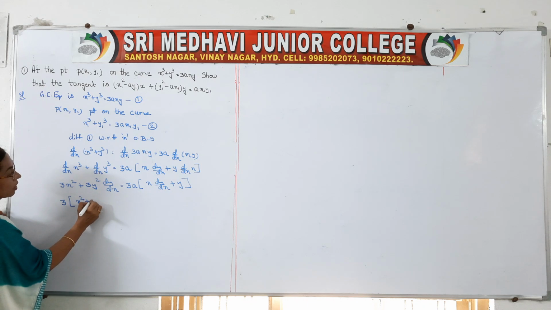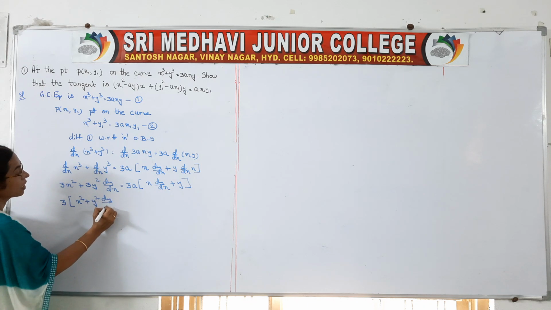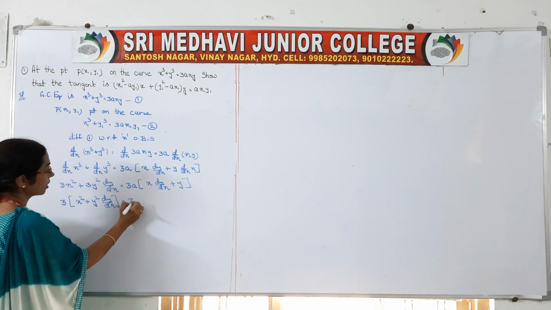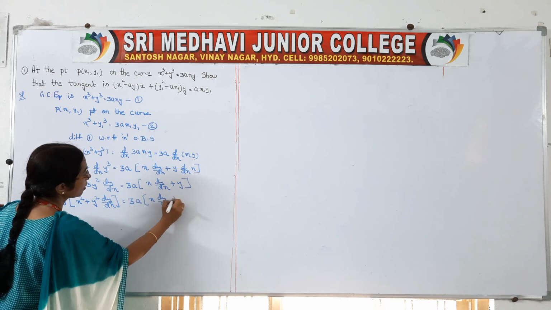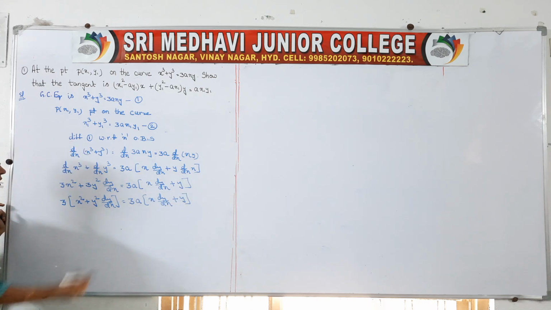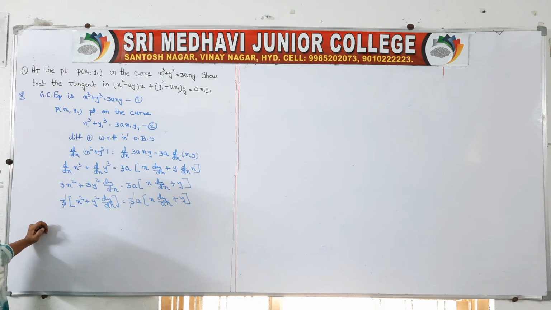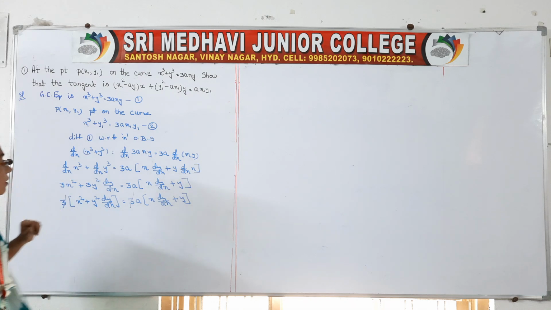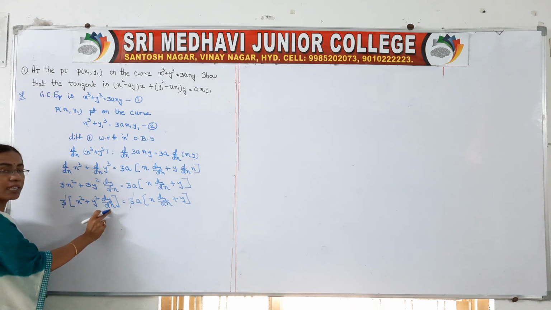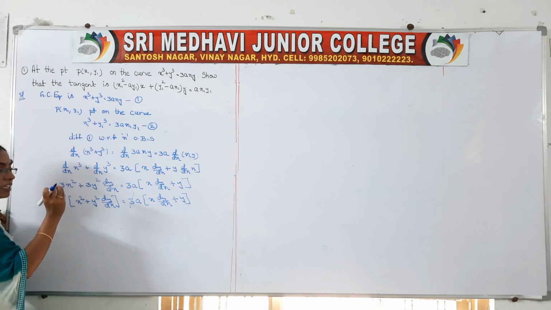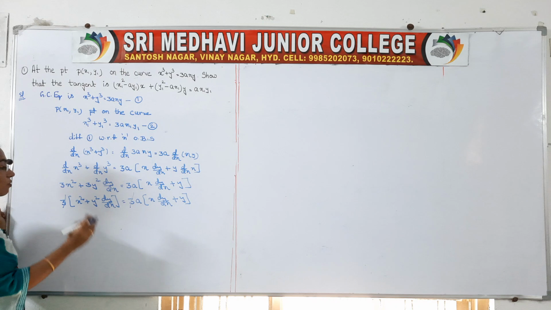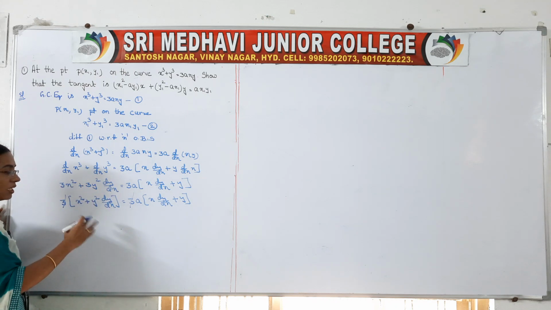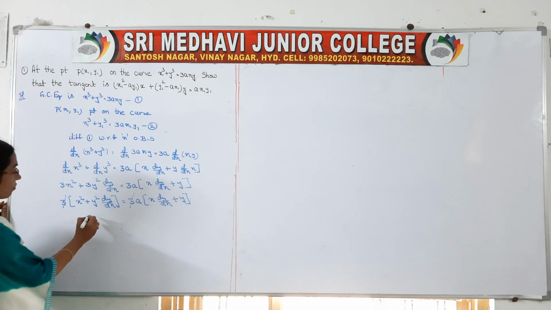So x square plus y square dy by dx is equal to 3a into x dy by dx plus y. So 3 cancels. Now some values are in terms of dy by dx, some values are without dy by dx.